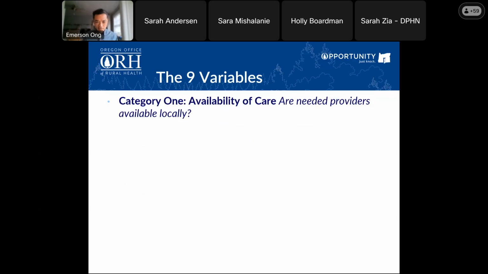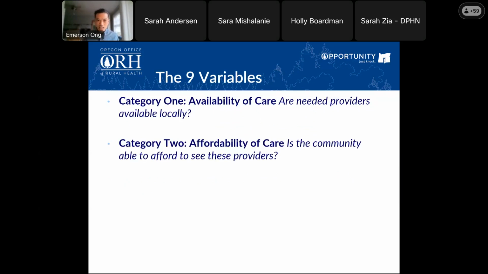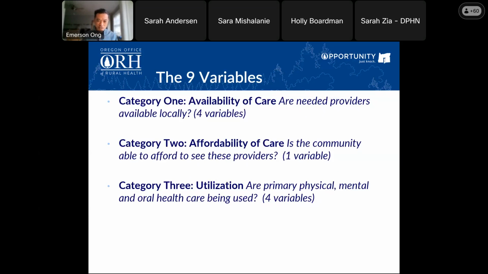So we came up with 9 different variables broken down into 3 different categories. The first one is availability. Are needed providers available locally? Affordability, is the community able to afford to see these providers? And utilization, are the people in these areas actually using their physical, mental, and oral health care? So 4 of the variables are availability, 1 is affordability, and 4 are utilization.